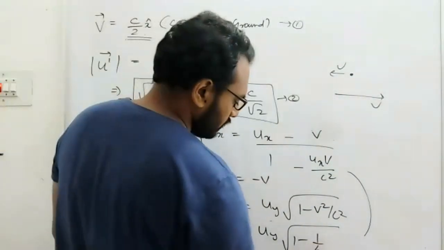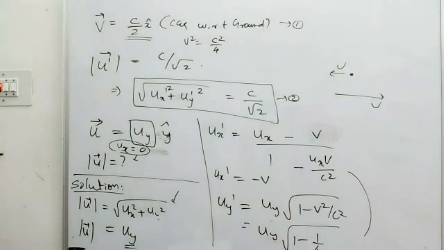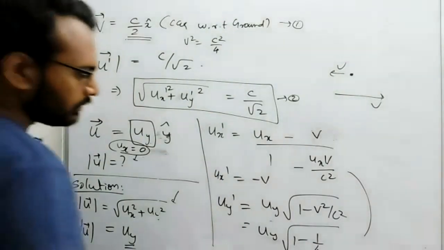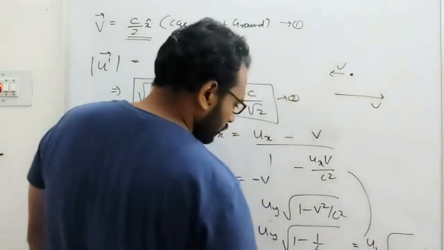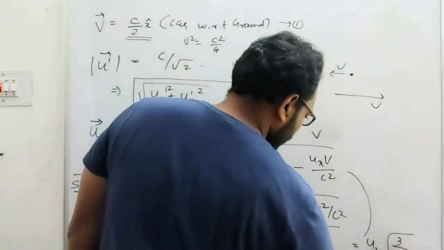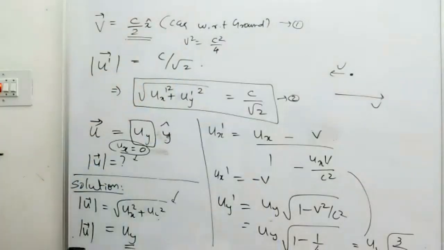Is that correct? C square by 4 by c square. Yes. Okay, that's correct. So this is uy square root of 3 by 4.